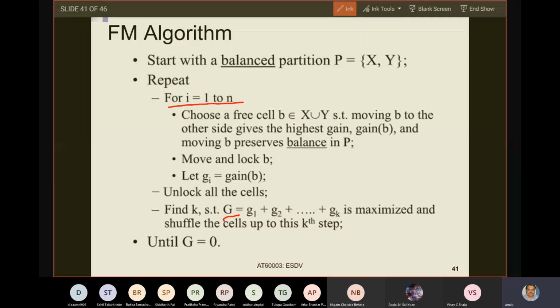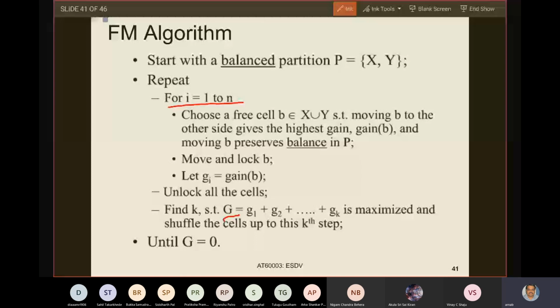So we have a loop of size n within which, in each iteration, to update the gain values we incur a cost of big O of n. So the overall algorithm has a cost of big O of n square, right?